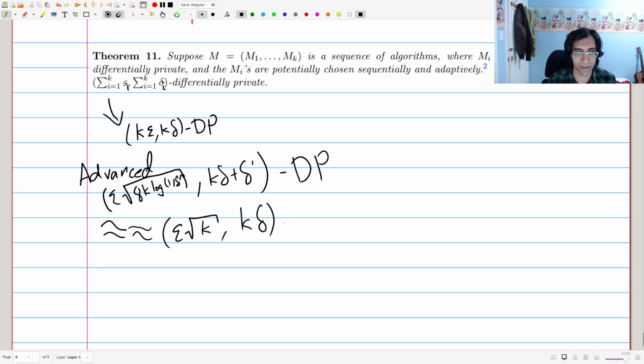Notice that this is a factor square root k better than basic composition. So this can let you do quadratically more analyses while still keeping a strong privacy guarantee, which is very important in practice. This type of advanced composition is crucial. So we'll get into that next lecture. But thanks for joining us today.